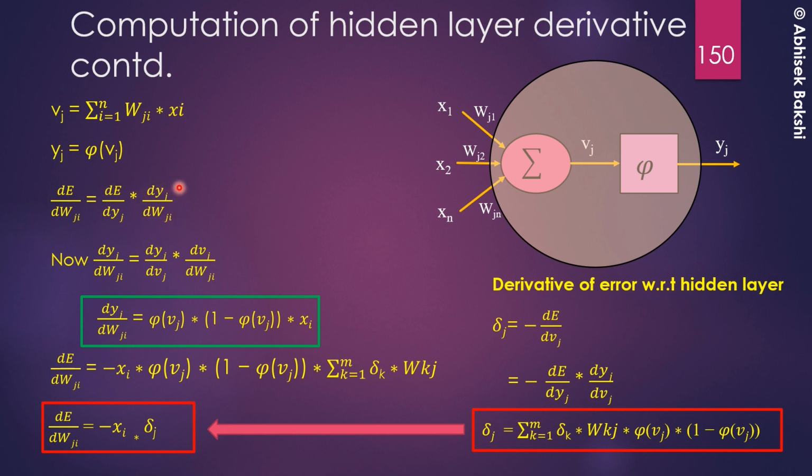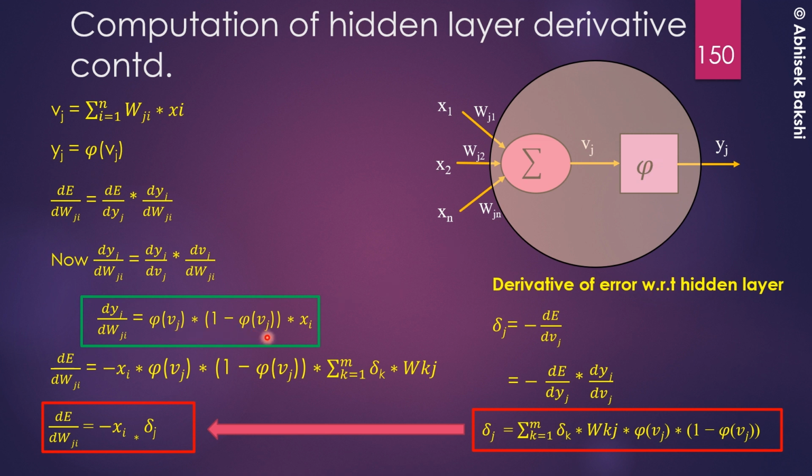Now what is the derivative of yj with respect to wji? Again you can use the chain rule: the derivative of yj with respect to vj, then the derivative of vj with respect to wji. Step by step. What is the derivative of yj with respect to vj? Very easy. It is the derivative of the sigmoid function, so sigmoid into 1 minus sigmoid.